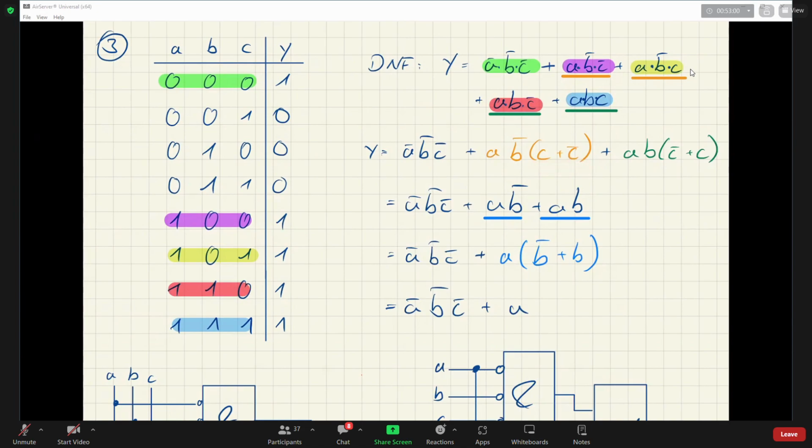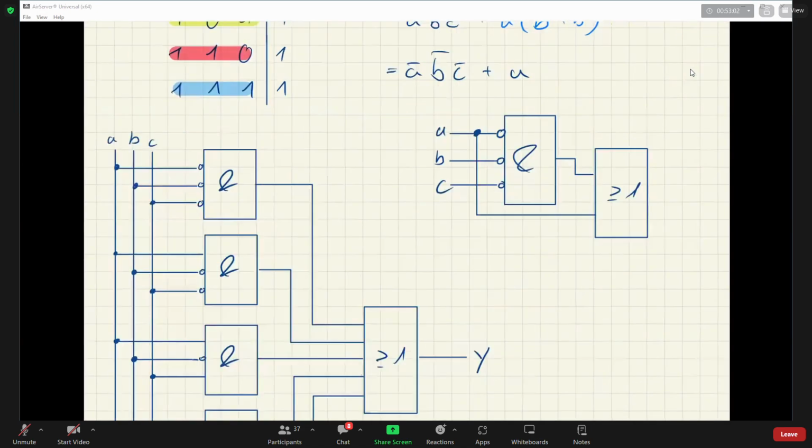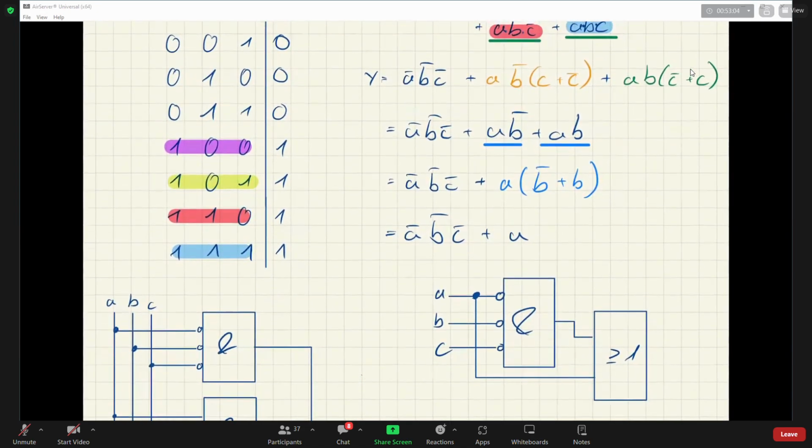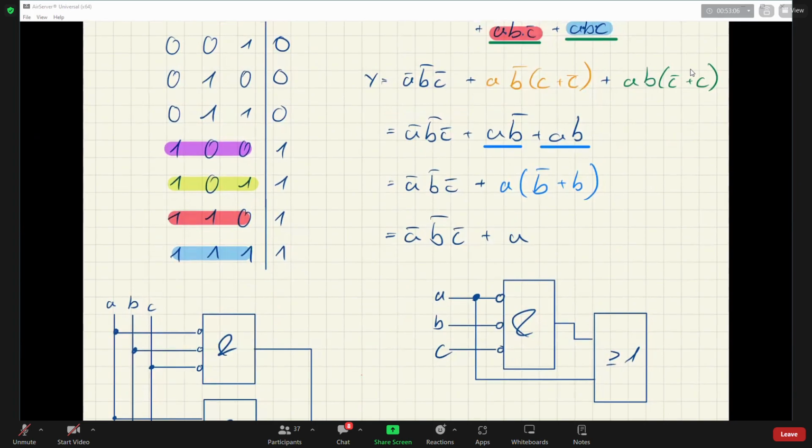So if you have a logic gate, just imagine with an OR, the output you have epsilon, and at the input you have C or C naught.